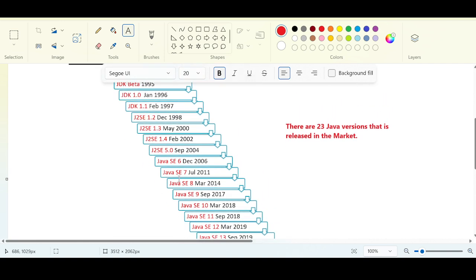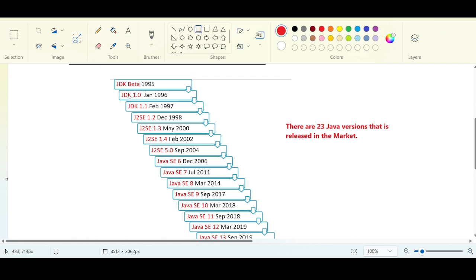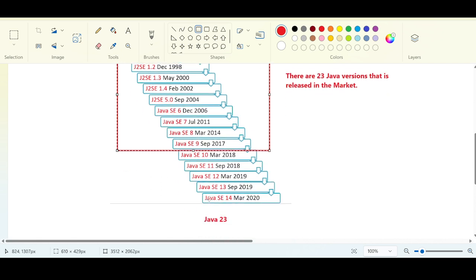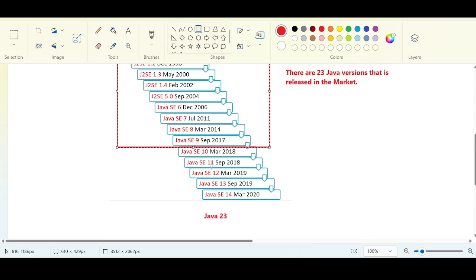What are the topics that I am going to cover in this Java coaching lecture? We are going to cover up to Java 9. If we cover these 9 versions, what about the remaining 14 versions?